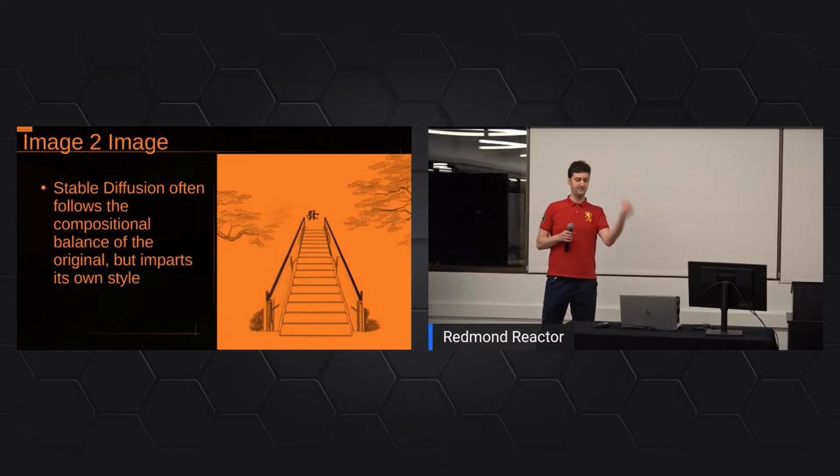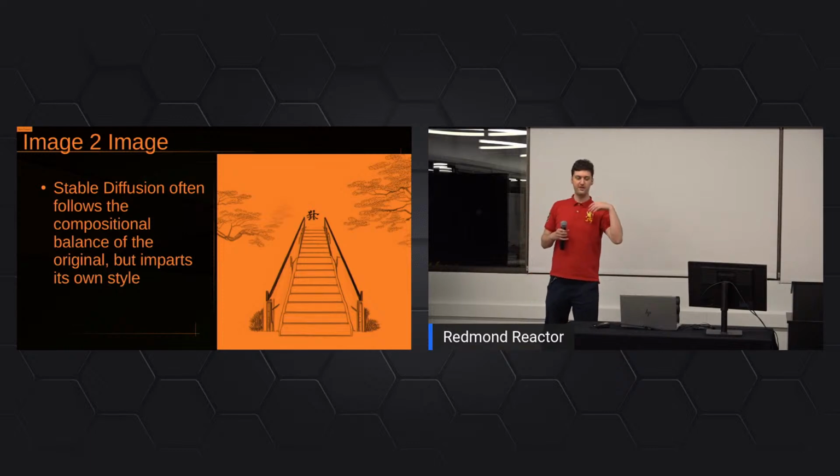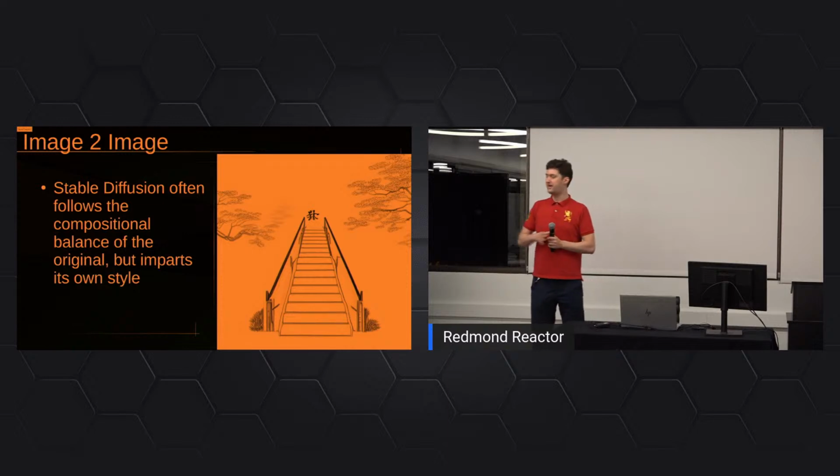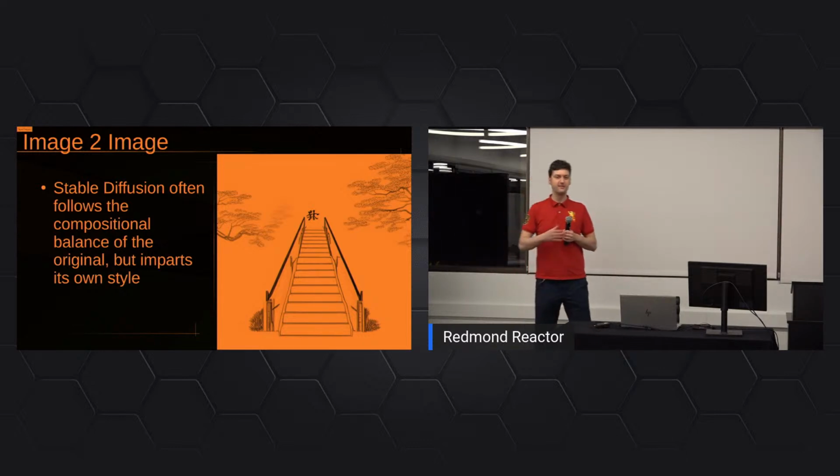As you can see, because Stable Diffusion is operating on the pixels and the general setup of the image, because there are so many steps that it's going through, the styles of the image often aren't carrying through. So this enforces much more of a composition from the user and a style from Stable Diffusion.